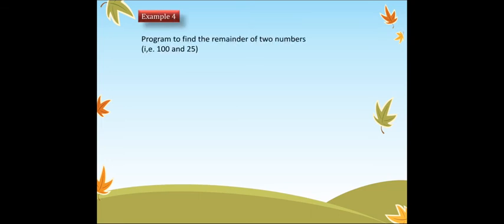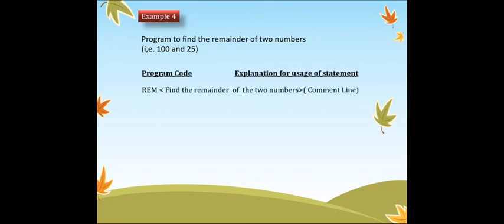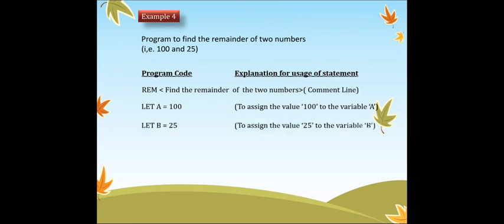Program to find the remainder of two numbers, that is 100 and 25. Let us see the program code and explanation of uses of the statement. First line, remark. Second line, to assign a value 100 to a variable a. To assign the value 25 to variable b.